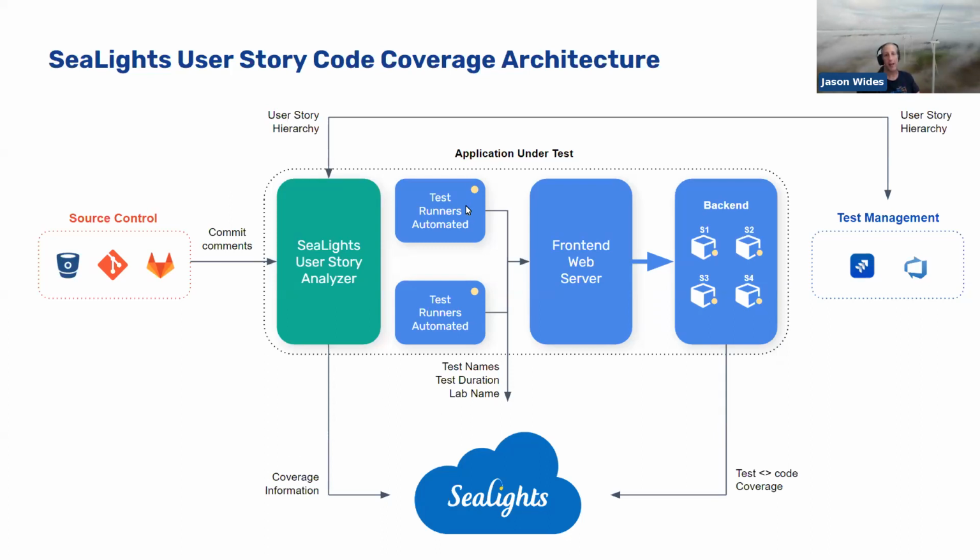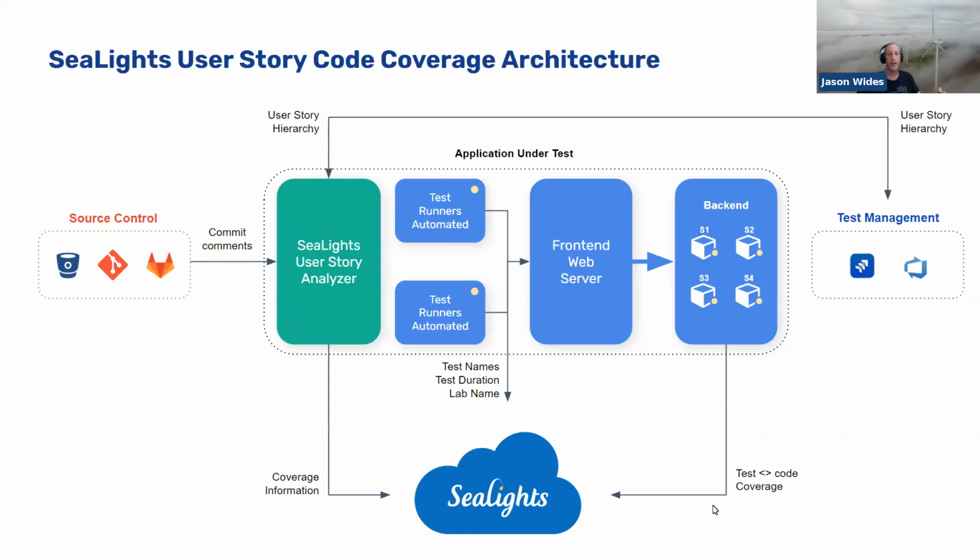So C-Lights will have an agent which will come up with your test runners, capturing the tests that are actually running. Those tests are, of course, going through some form of front-end web server, hitting your back-end server. On your back-end server, there too, we have our agents, and they're the ones that are actually capturing the code coverage of the tests.